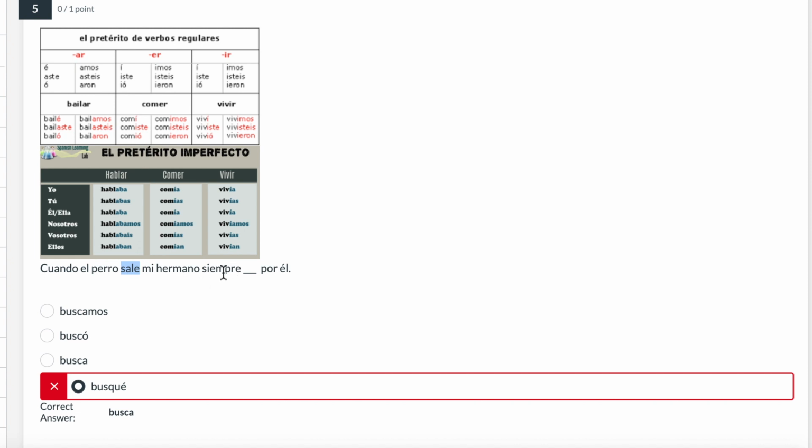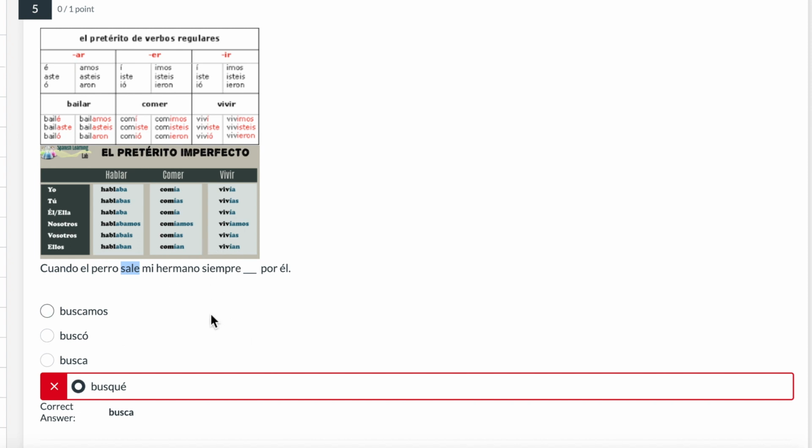So we want the present tense busca. And that one you just have to know because we have busca as one of our vocab words. But if you know sale is present tense, which hopefully you do, you can figure out that these other ones are past tense or they don't match up with mi hermano, my brother.